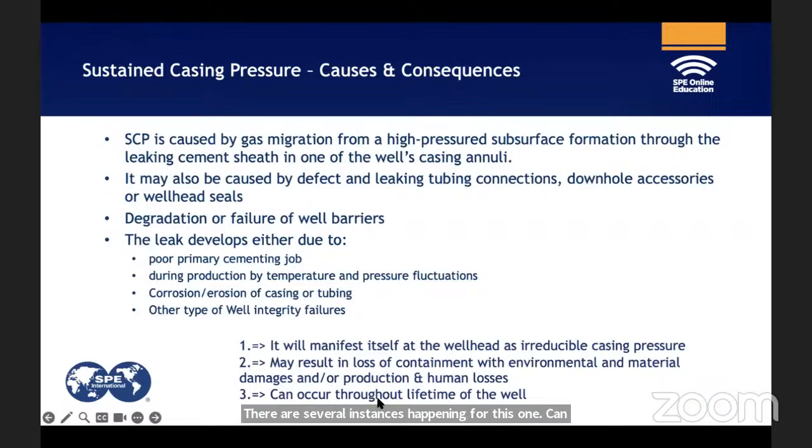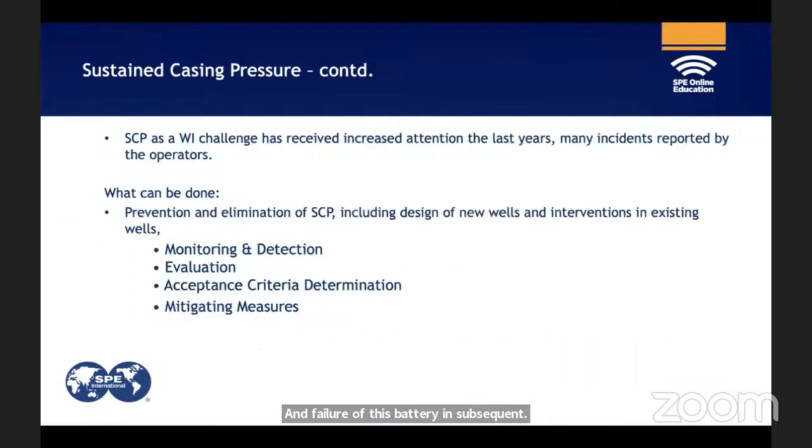A poor cementation might not cause a problem immediately, but over a period of time it might get further degraded, might cause the corrosive fluid from the reservoir to enter or be in contact with the casing and cause corrosion and a failure of this barrier in a subsequent period of time.